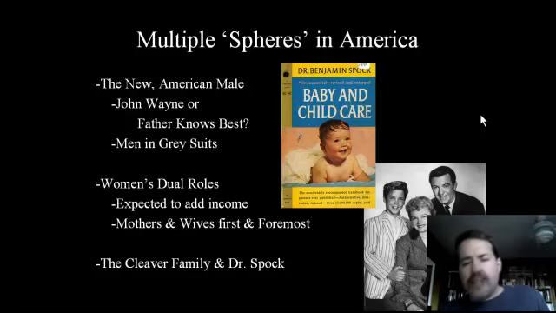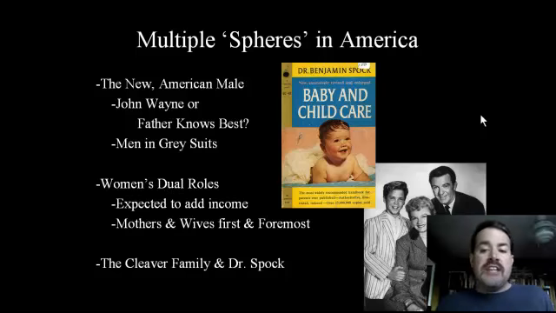But because of all the labor-saving devices, the mixers, the stoves, the TV dinners that can now be popped into the oven and they're done in 45 minutes, women don't have to spend all day cleaning house. That's the job of the vacuum cleaner. They don't have to take the rugs out and beat them anymore. They don't have to wash dishes all the time because the very first dishwashers are introduced in the 1950s.